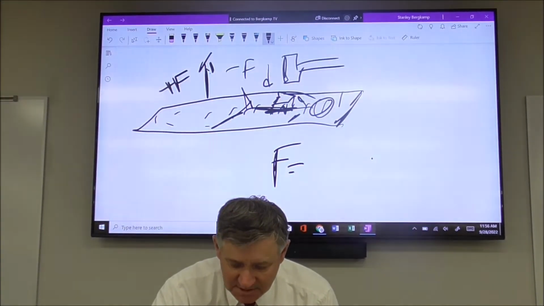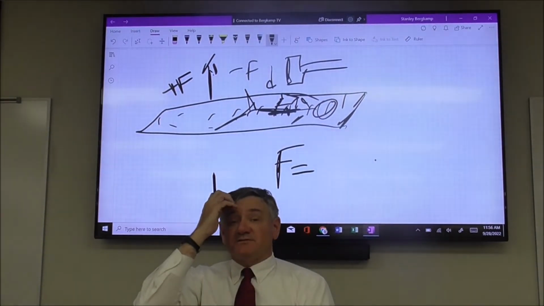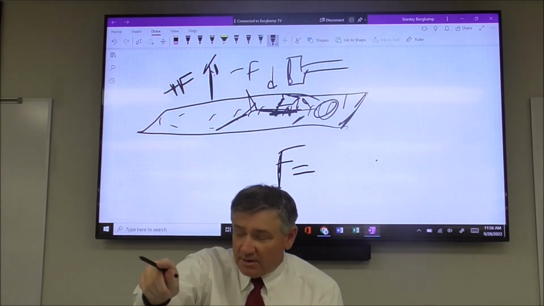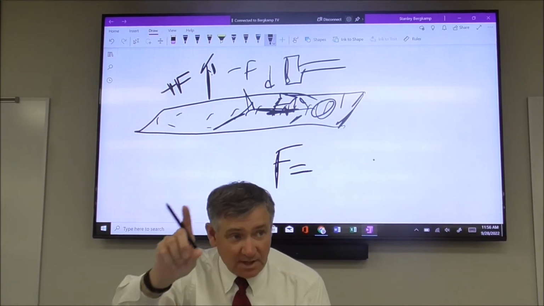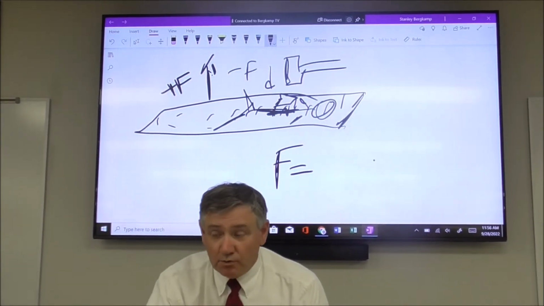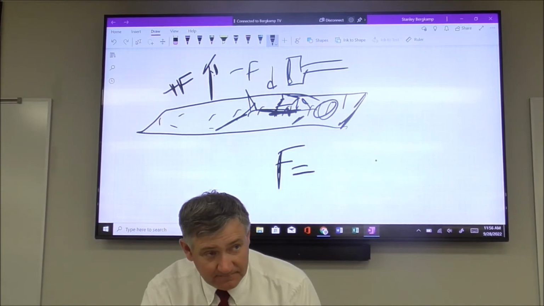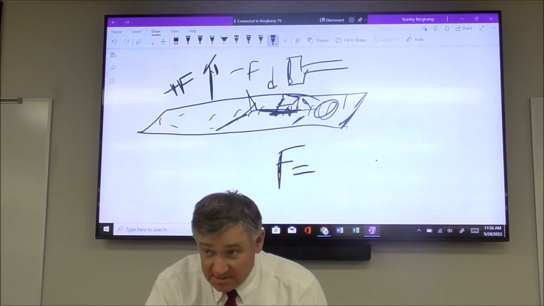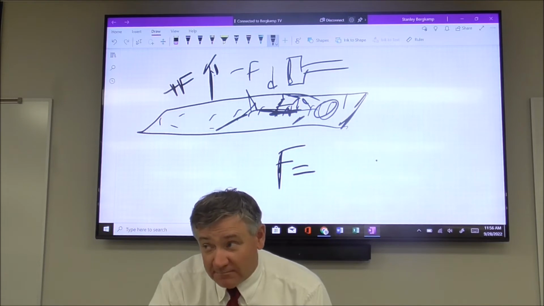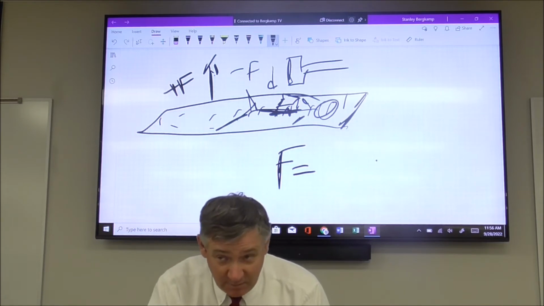Force equals mass times acceleration. Now think this through. When Mr. Elliott hits that hammer, and that hits my block, do I want the hammer to accelerate? Yes, I want it to accelerate. Because if it doesn't accelerate, what's going to happen?